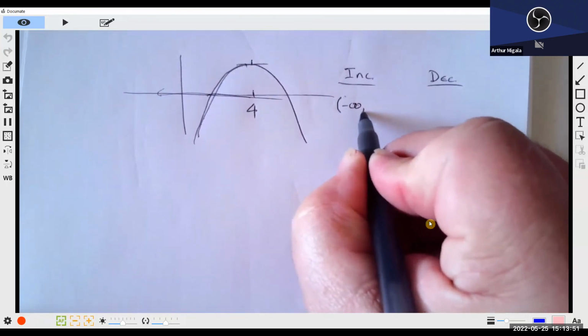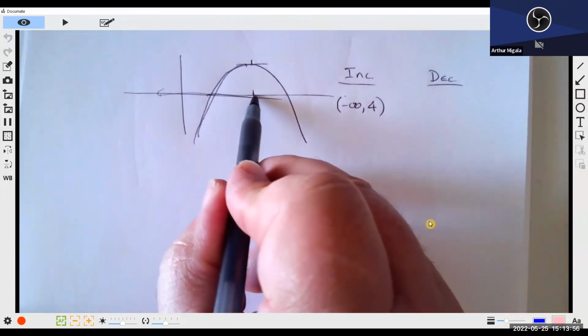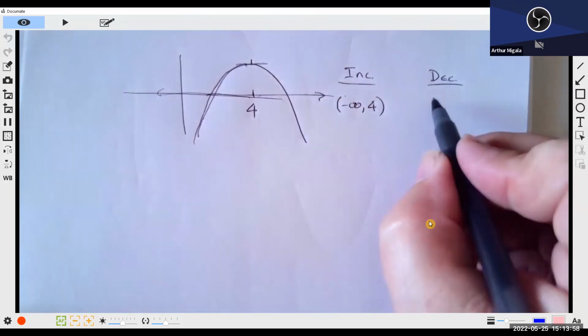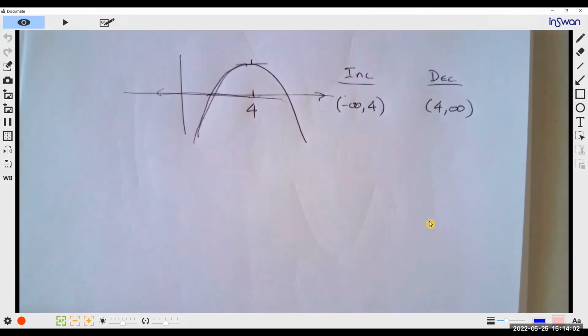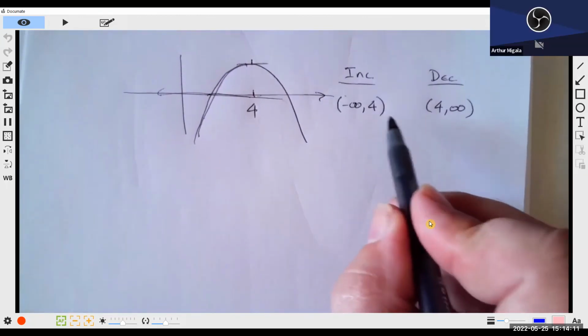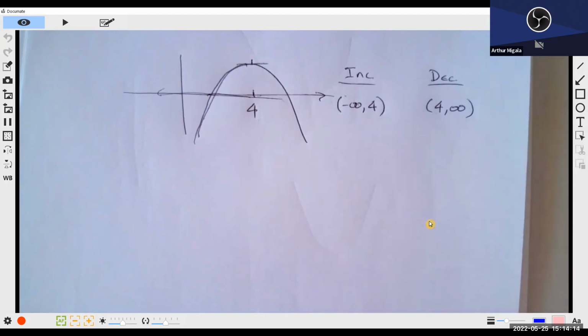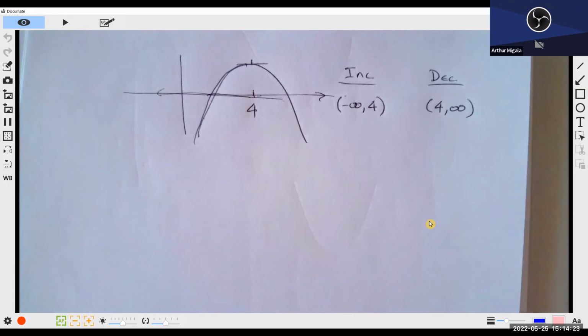From -infinity to 4, it's going up. Then from 4 to infinity, it's going down. Whenever you do increasing and decreasing, you never use brackets. It's always parentheses. Okay, so that takes care of that stuff.